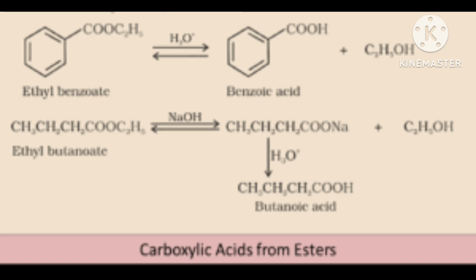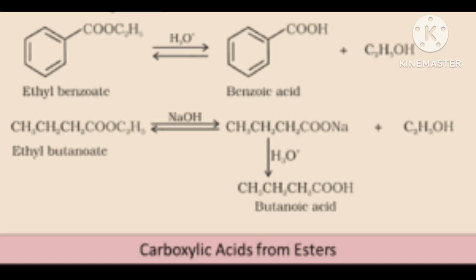In the place of the phenyl group, a propyl group is attached, and on the other side the ethyl group is already there. Again all things will be the same. You know that this compound will break into 2 ions, C double O negative and C2H5 positive.